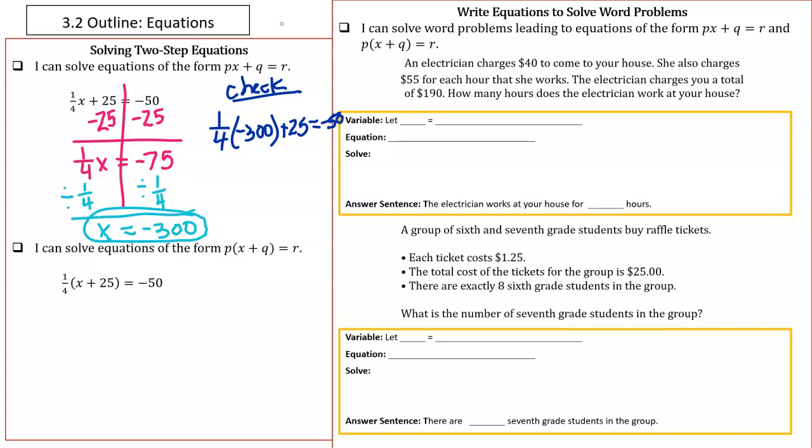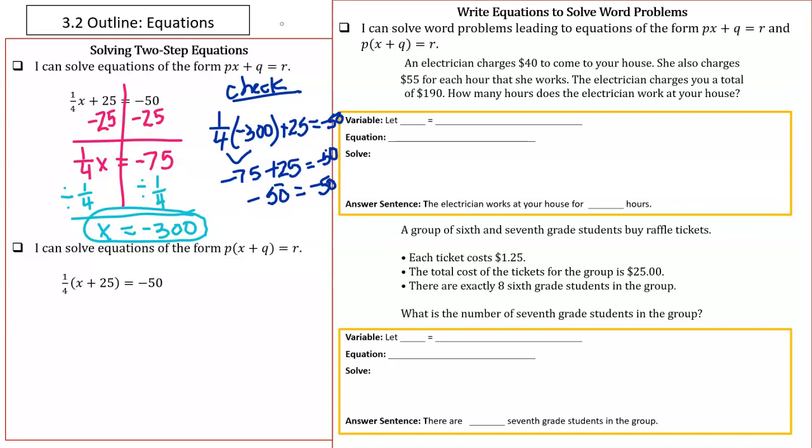So 1/4 of negative 300 is going to be negative 75. And when I add 25 on both sides, I do get that negative 50 is equal to negative 50. So the answer of x equals negative 300 is correct.